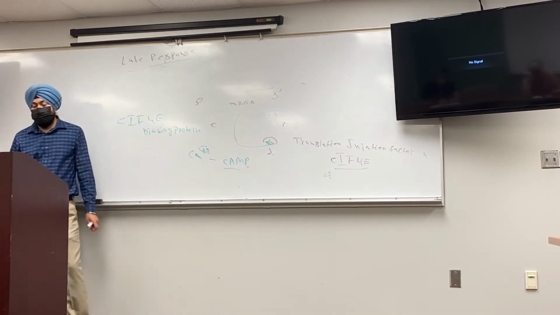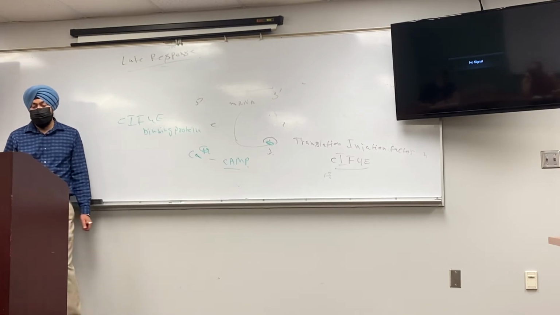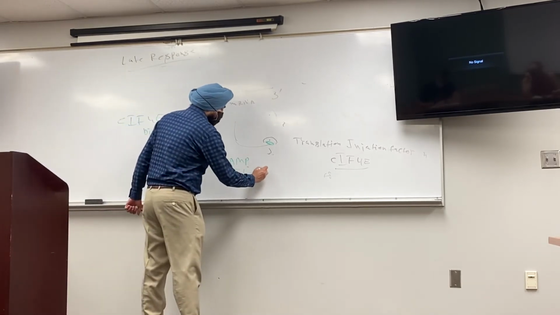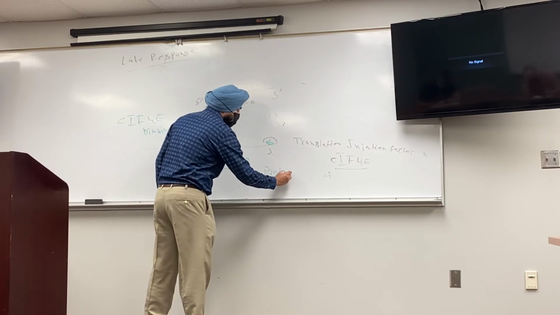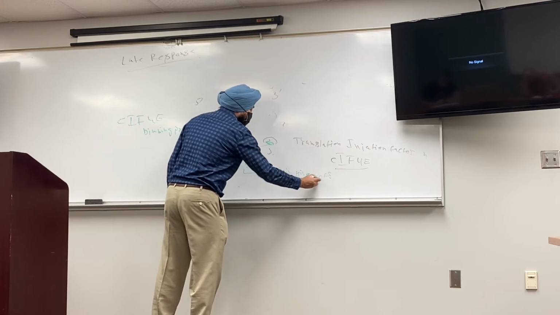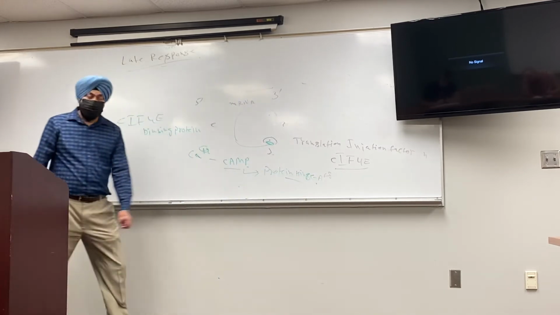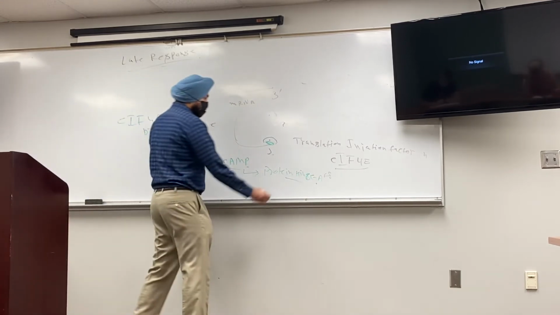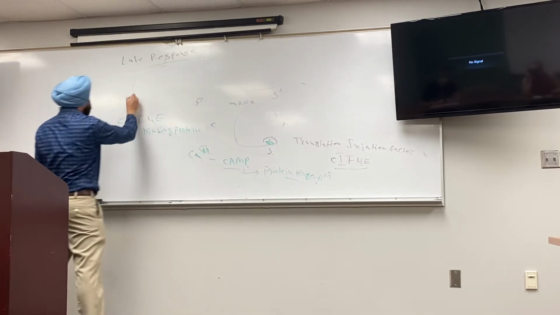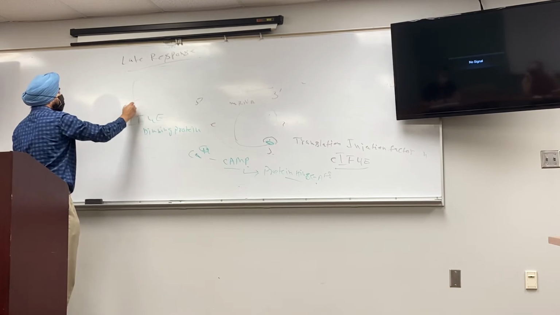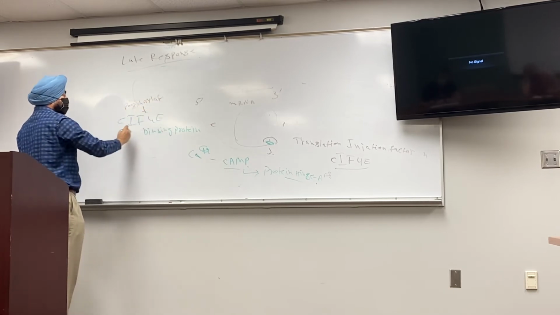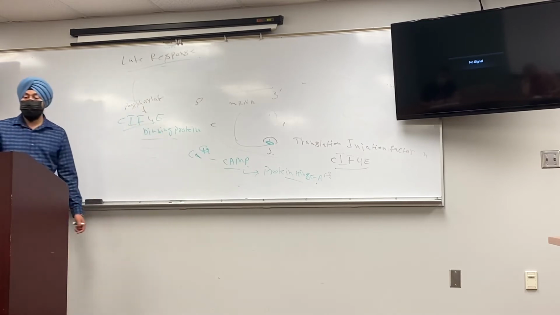And when cyclic AMP is activated, it activates protein kinase A. Protein kinase A comes here, and what it does is phosphorylate the EIF4E binding protein.